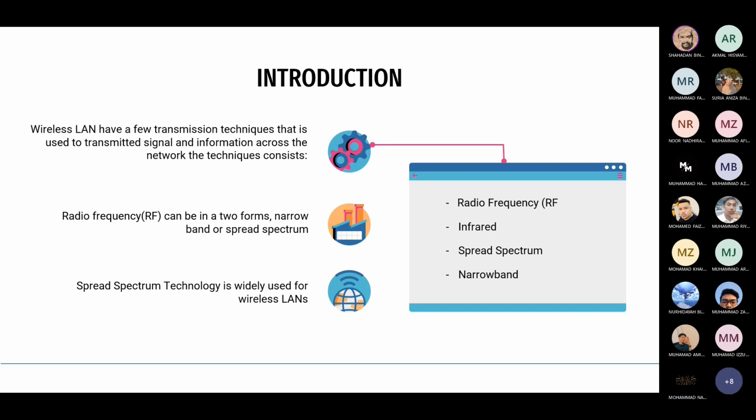The techniques consist of four parts: radio frequency, infrared, spread spectrum, and narrowband. Radio frequency can be in two forms, narrowband or spread spectrum. The wireless LAN transmission technique that is widely used for communication is spread spectrum technology.